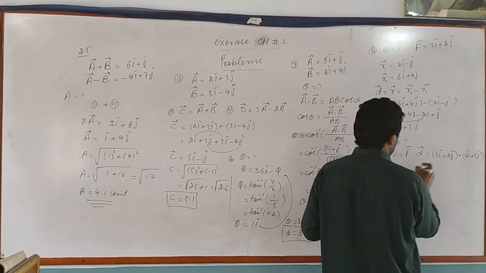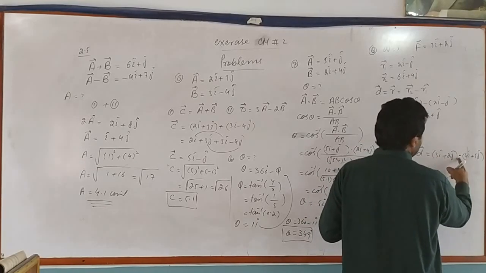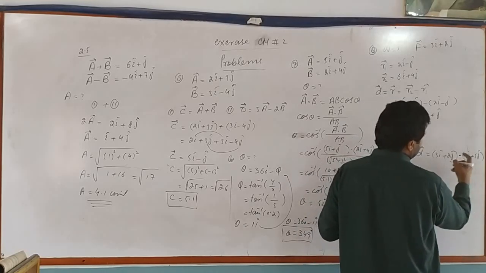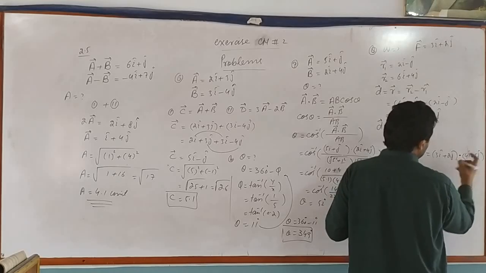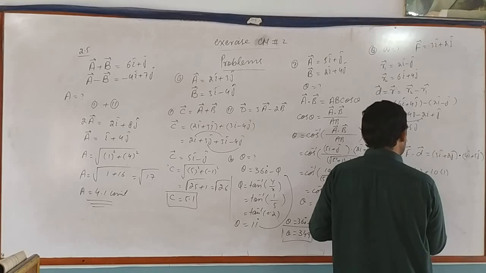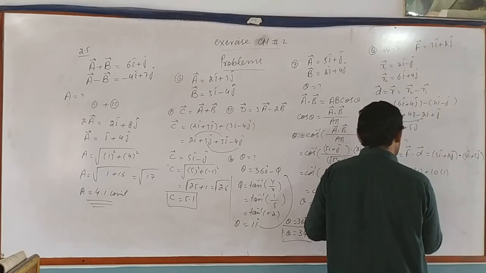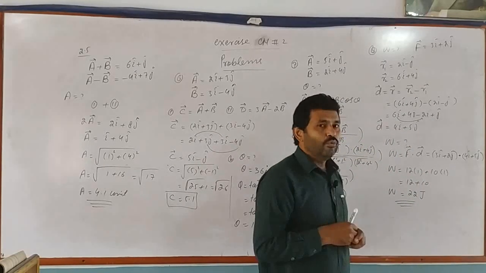Work will be equal to 3 fours are 12, i unit vector dot i unit vector is equal to 1, plus 2 fives are 10, j unit vector dot j unit vector is equal to 1. The resultant will be 12 plus 10 is equal to 22, with units joule. The work we have found is equal to 22 joule.